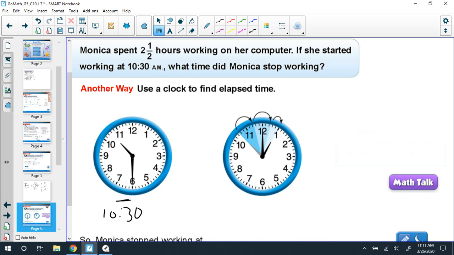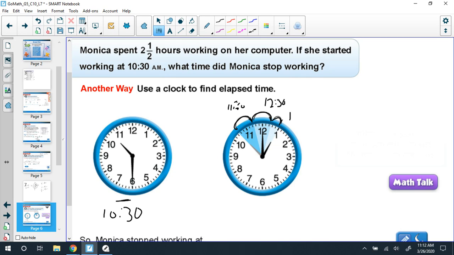We're always going to start with our larger units as we count on. It just makes life a little bit easier. So again, an hour after 10:30, it is 11:30. An hour after 11:30, it is 12:30. And then if we count on another 30 minutes after that, it is going to be 1 o'clock.